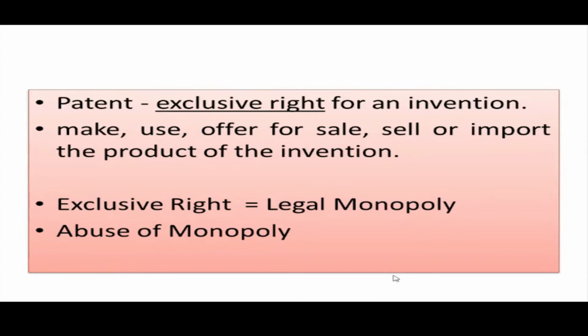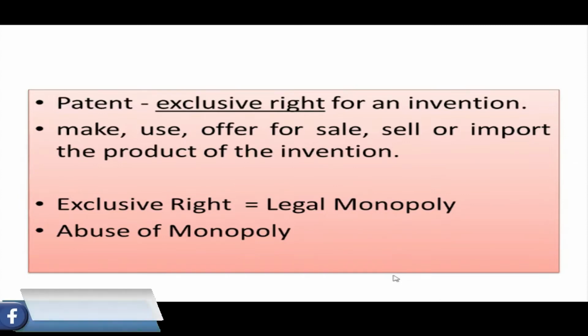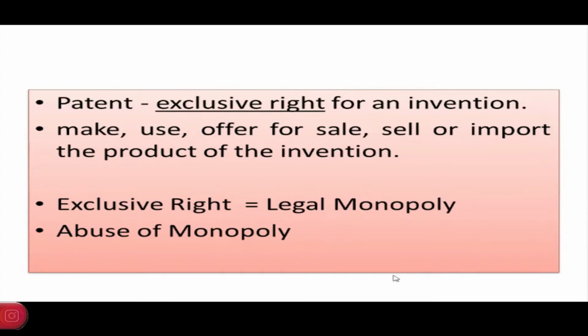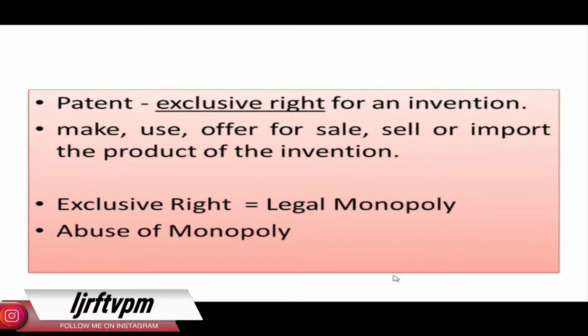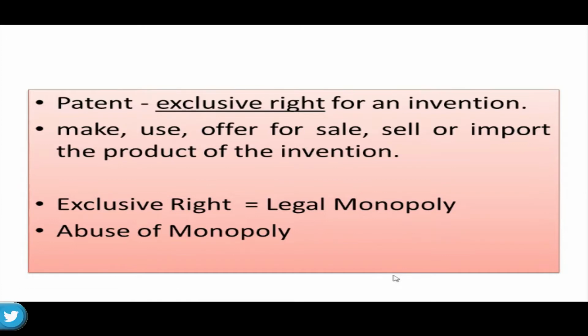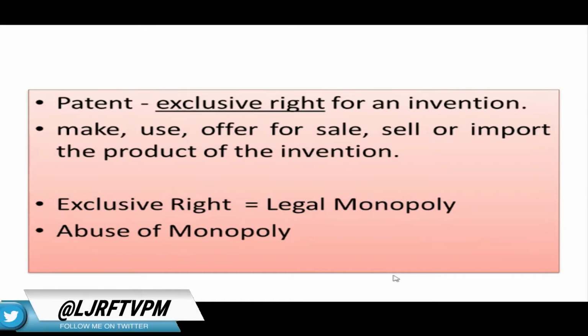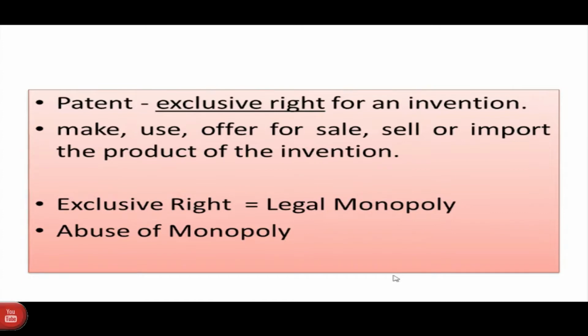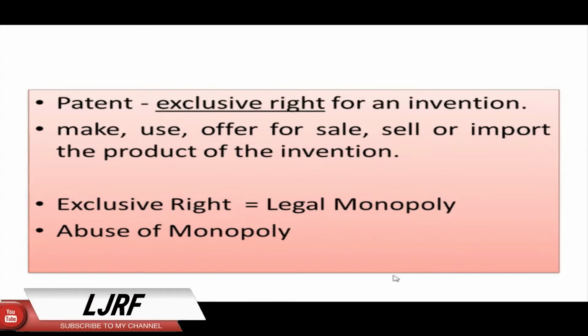There is another kind of transfer that is known as licensing. Licensing of patent. In a very technical legal sense, licensing is not a transfer. On the contrary, it is just a permission for another party to use my patent right.